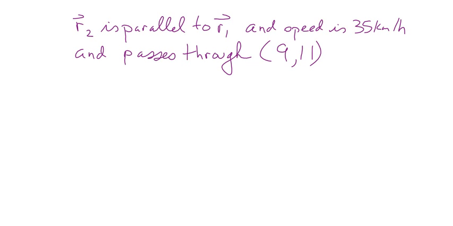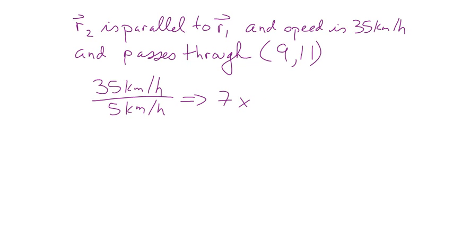What's your speed? 35. Okay. How does that compare to R1? It has to be parallel. So 7 times faster, right? So 35 kilometers per hour divided by 5 kilometers per hour means we are going 7 times faster.